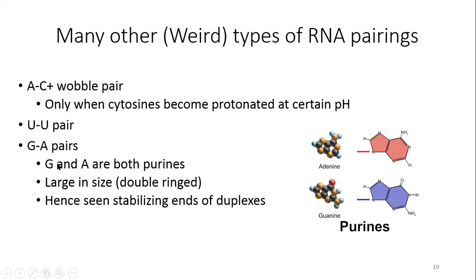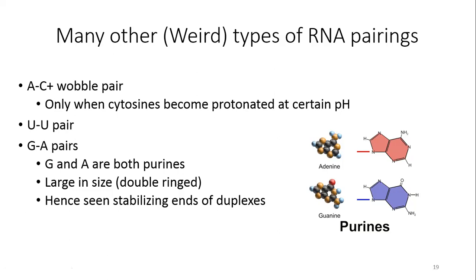Now it is to be noted that both of these, G and A, are purines. That means they are both double ring, and hence they are larger in size. If G-A pairing is happening in your RNA secondary structure, that usually happens at the end of the duplexes where it requires more stability.